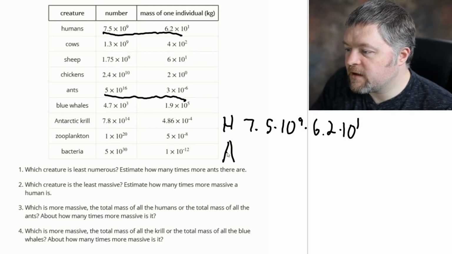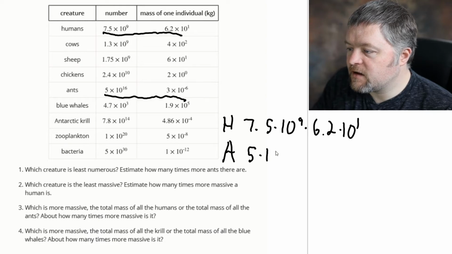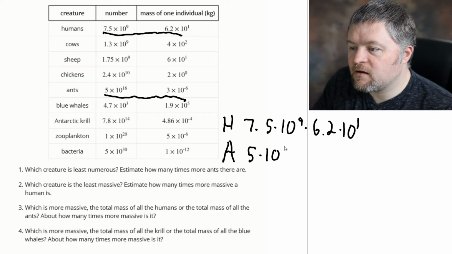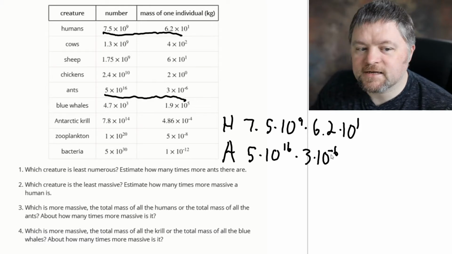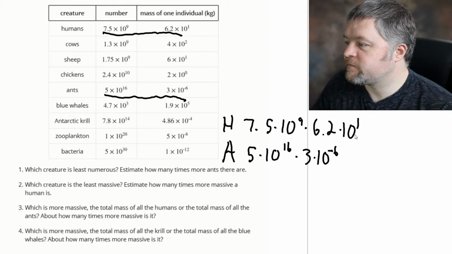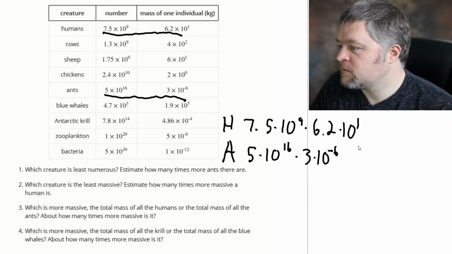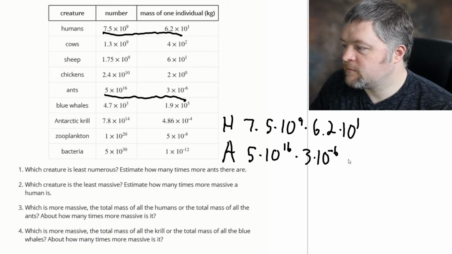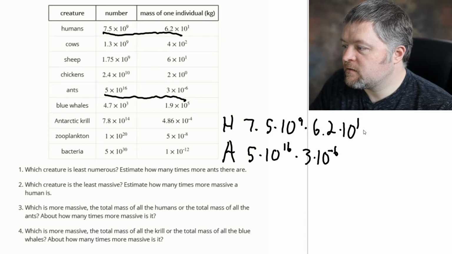Ants will be 5 times 10 to the power of 16 times 3 times 10 to the power of negative 6. Now we just need to multiply.